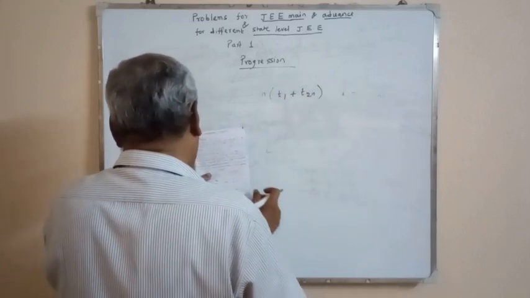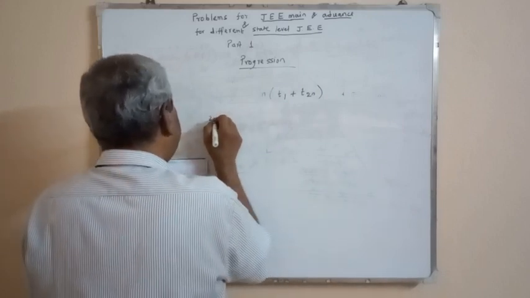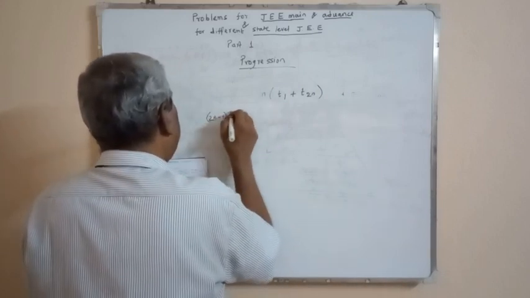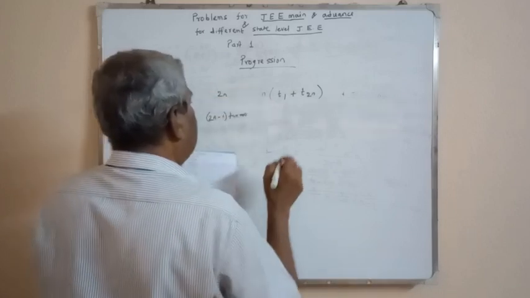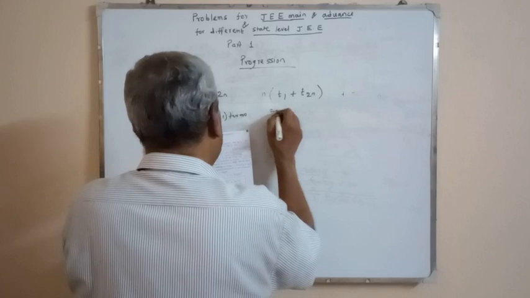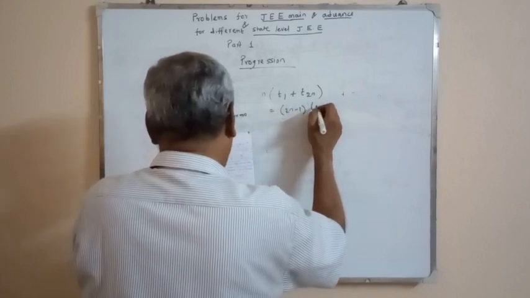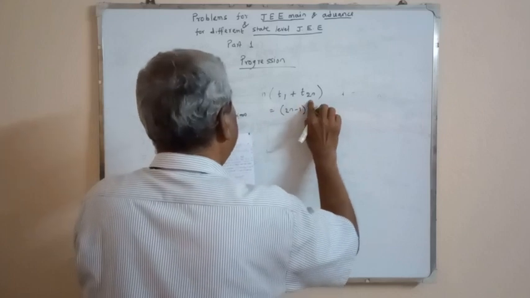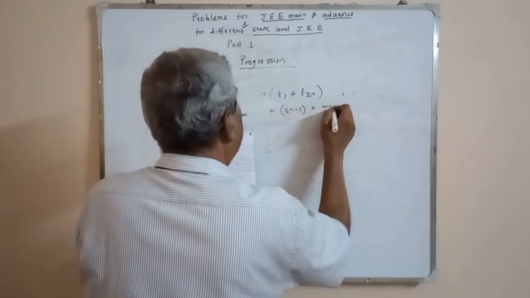This is for 2n terms. And the sum of an AP containing 2n minus 1 terms will be equal to (2n minus 1) into the middle term, the midterm.